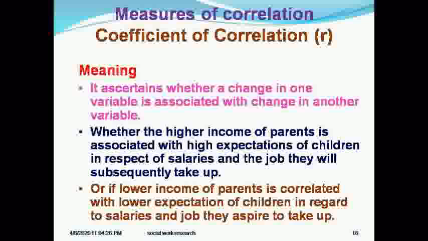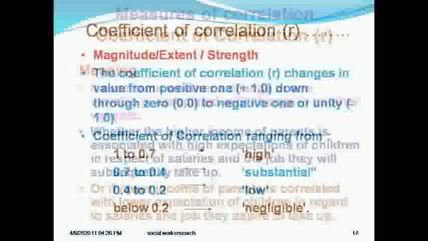So there are two variables. One is the income status of the parents. The second variable is the expectation of the students. There is likelihood that they are related to each other. So what is the strength of this relationship? In order to understand this relationship, we use the measure of correlation.